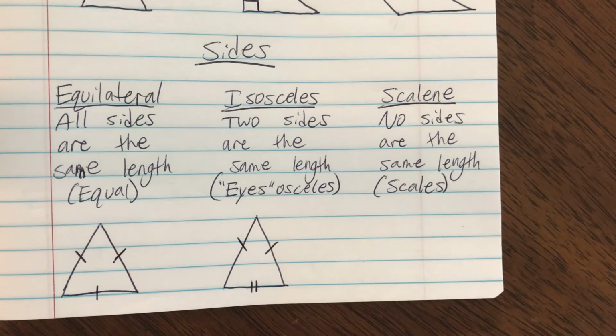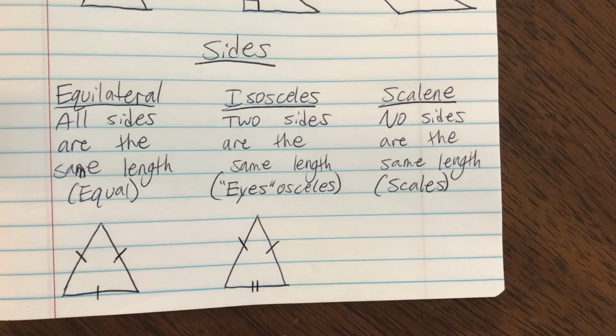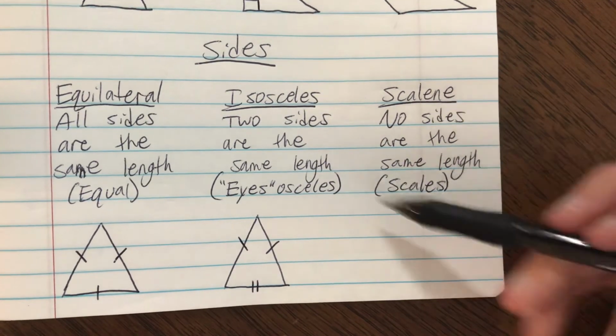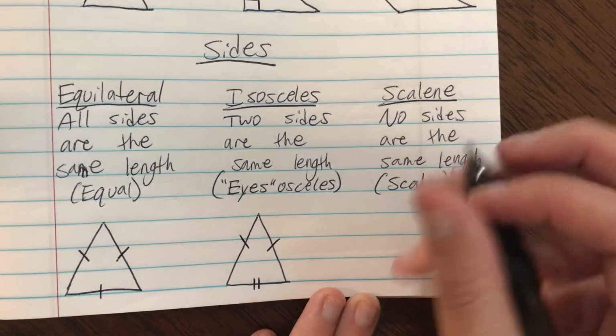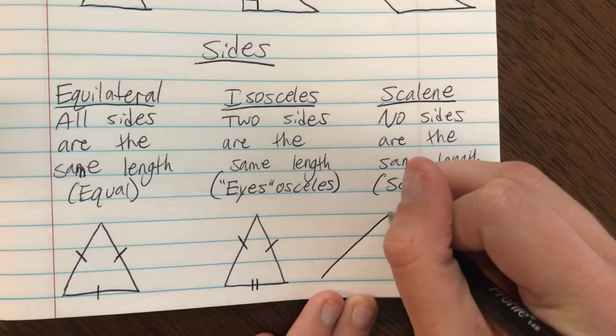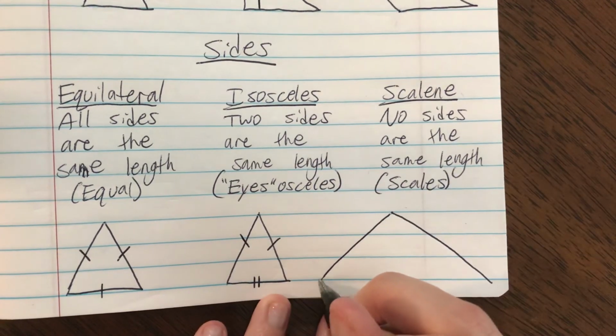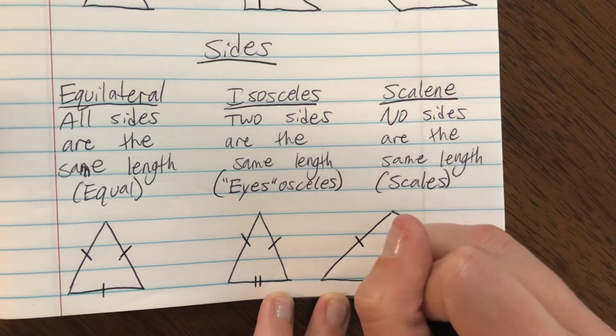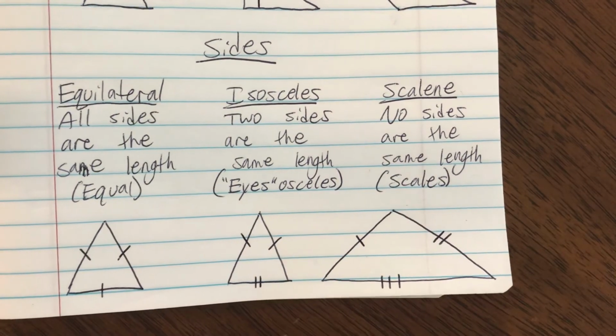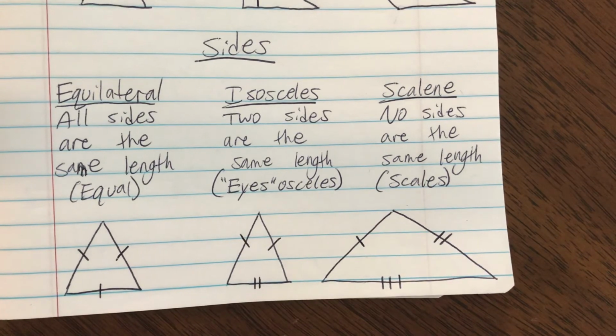I'm just thinking about how with the fishes, no two fish are the same, just kind of like with us. No two people are the same. So with the scales being different, that's how we're going to remember that all sides are different and no sides are the same length. With our scalene triangle, thinking about our dashes, our tally marks, instead of having one or two, we're now going to have three to represent that all three sides are different lengths.